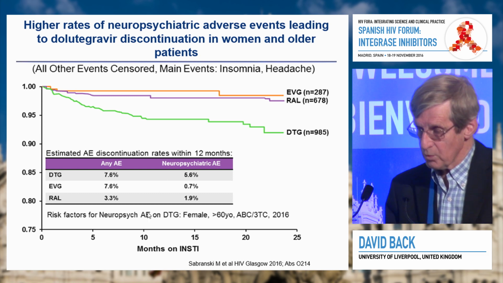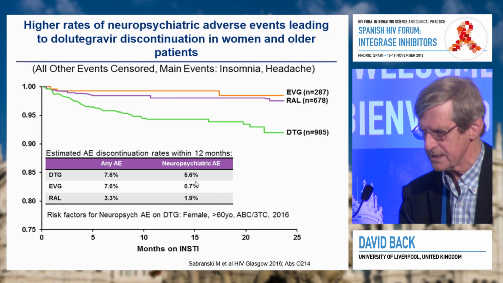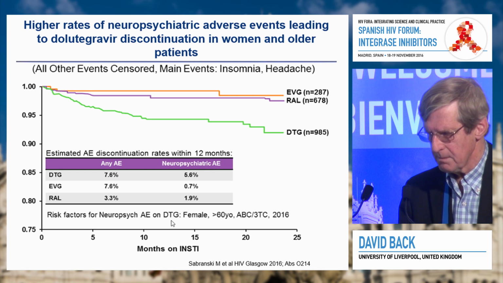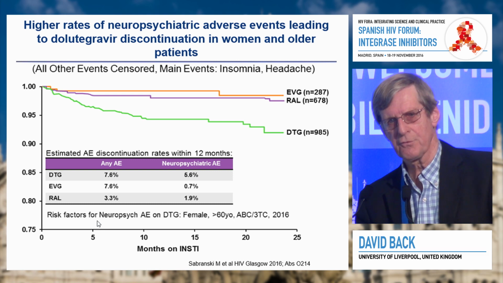And what was shown was that the neuropsychiatric AEs for Dolutegravir, 5.6%, for Elvitegravir, 0.7%, for raltegravir, 1.9%, with risk factors being female sex, older age, and being on abacavir 3TC.